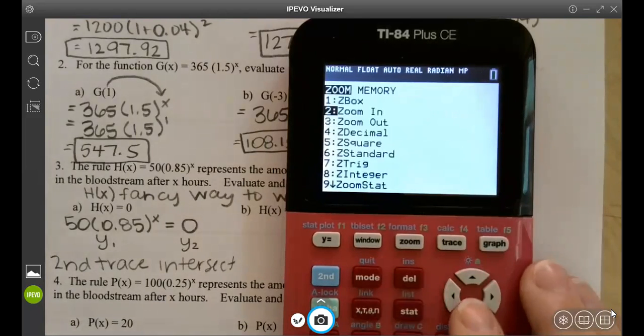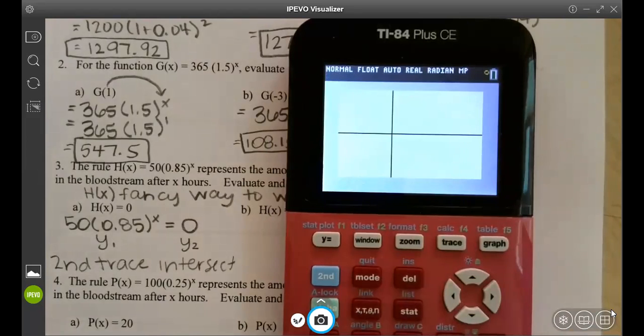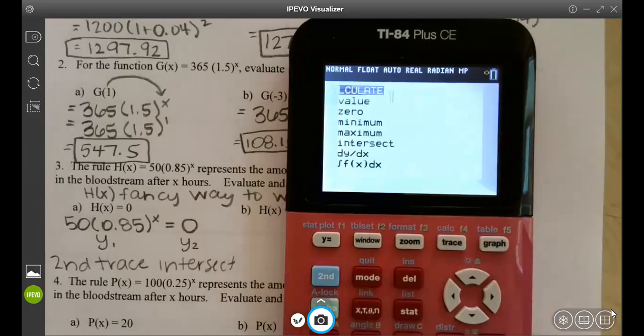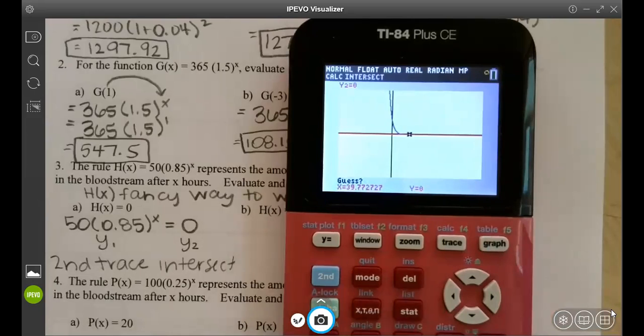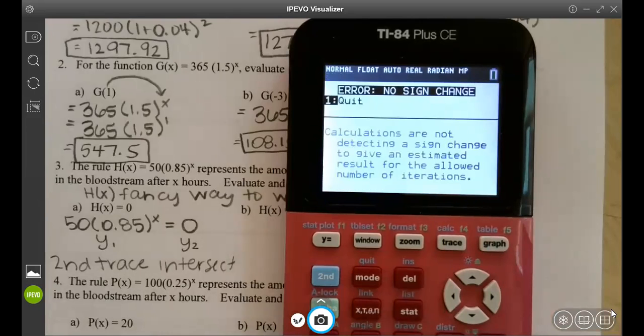I'm going to zoom out one more time and try it again. Why is it doing this? Does it intersect exactly at 0? Yes, no, maybe?